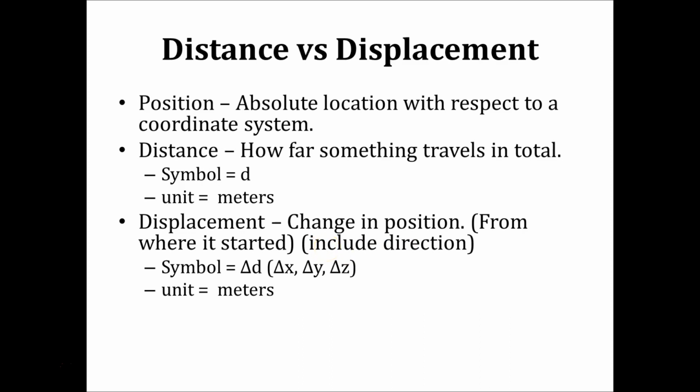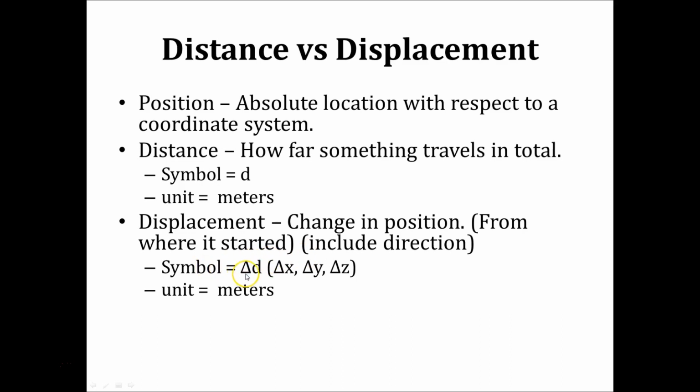Now if I walk back home, I go 1,000 meters, then 1,000 meters back home. This would be 2,000 meters distance that I travel. However, my displacement would be 0 because I'm 0 meters from where I started. I started at home and I ended at home, so that's 0 meters.